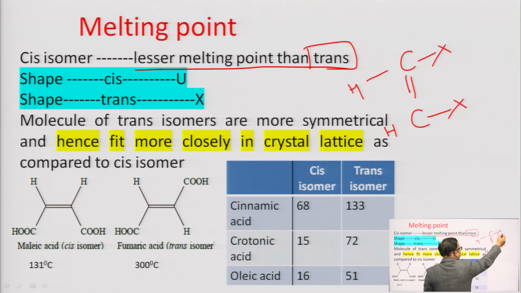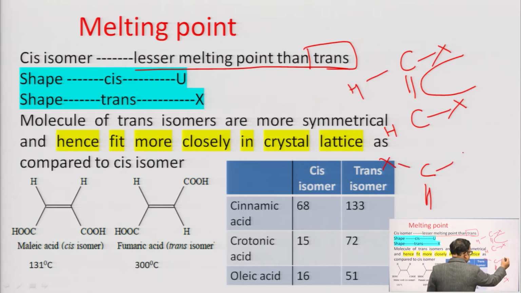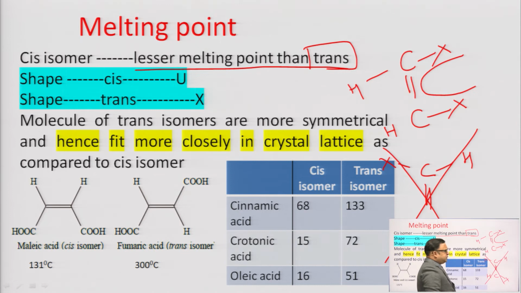If we see the shape of the configuration, it is arising like U, but here it is looking like an English letter X. Now, if we try to pack U shape structures, they will be packed like this.